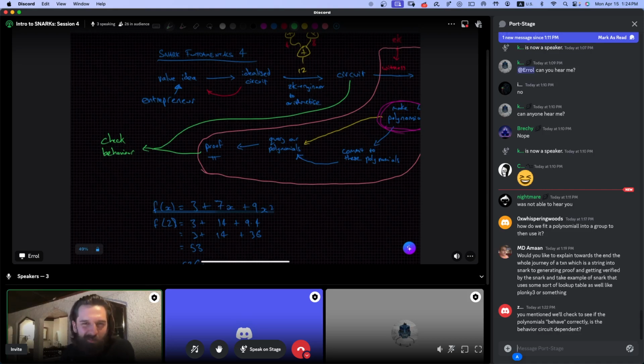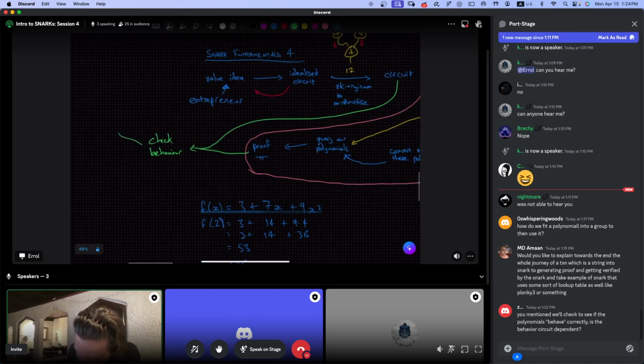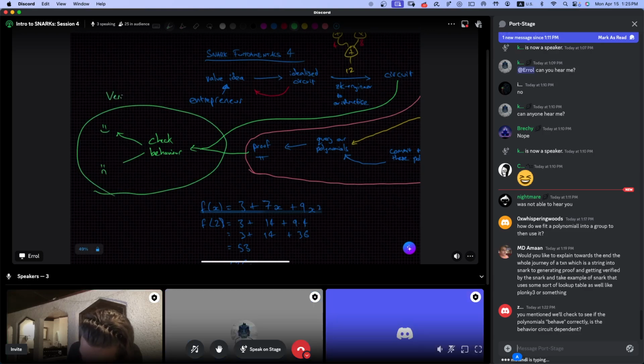Again, the verifier doesn't actually personally have to do anything complicated. They're just using the Plonk library, and the Plonk library has a function to verify whether something is valid or not. If it is valid, the verifier is happy, and if it's not, they're not happy. So this is the verifier.